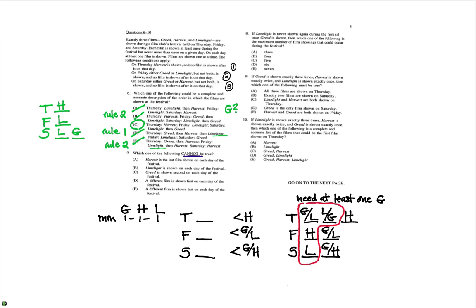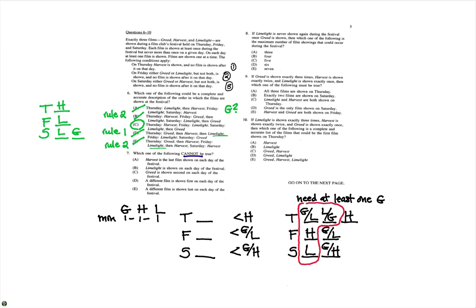So taking a look at A, harvest is the last film shown on each day of the festival. We'll notice that on Thursday, harvest must be the last film shown, so Thursday works. On Saturday, if harvest shows up, it also must go last, according to rule 3, either harvest or greed, not both, and no film shown after it. But could harvest go last on Friday?